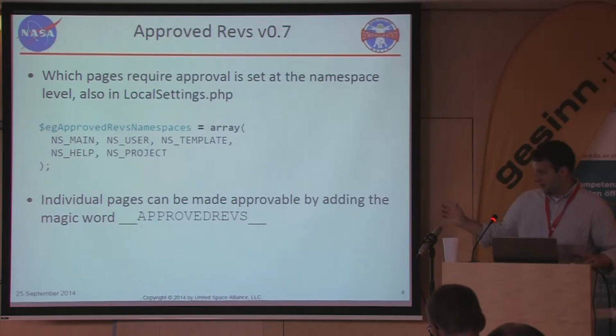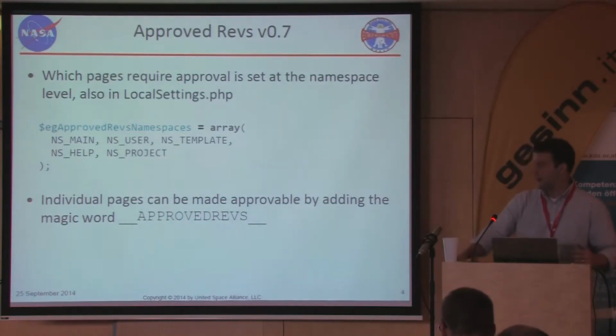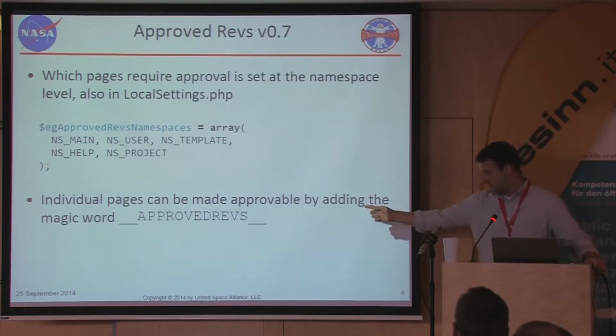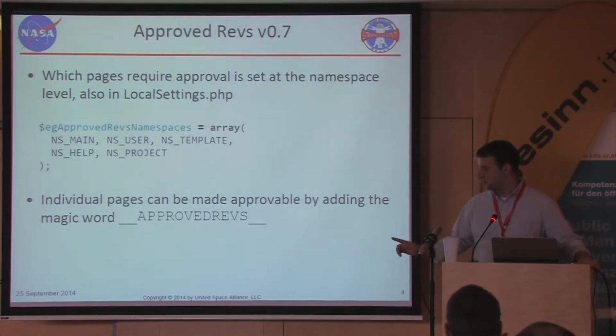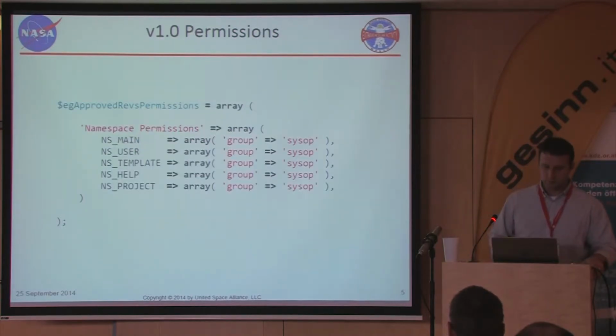Additionally, there is this magic word you can add to any page to make it approvable. So if the main namespace wasn't in that array, you could make specific pages in the main namespace approvable by adding the __APPROVEDREVS__ text there.